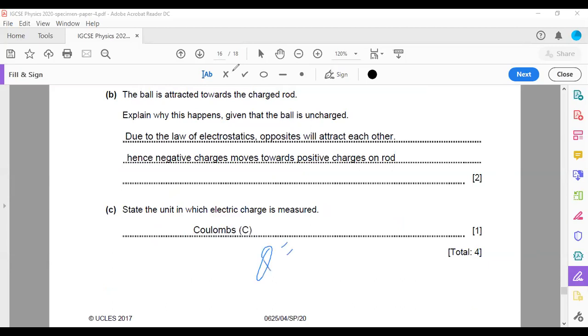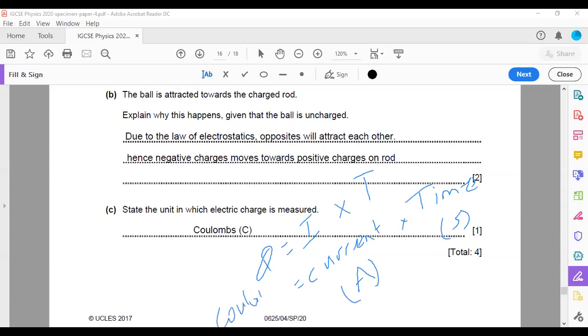I is current in amps, and T is time in seconds. So that's the formula we use in electrostatics. Everybody okay with question 9?